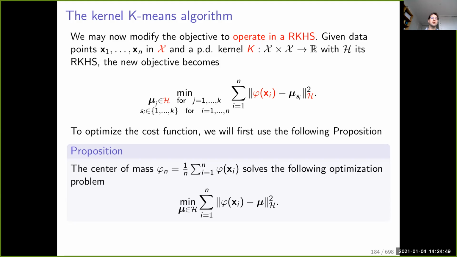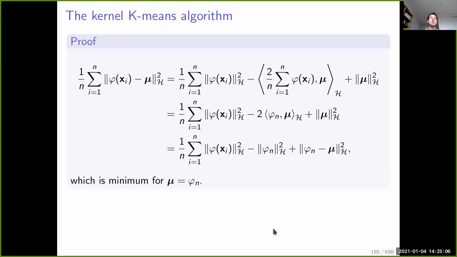So how do we show that? If you wanted to show that from an optimization point of view, you would need to introduce the concept of differentiable functions that live in some RKHS. It's not exactly something that you like. We can do things that are much simpler, simply by playing with the notation. Consider indeed your objective function here. We simply want to find a vector mu that minimizes the sum of squared norms.